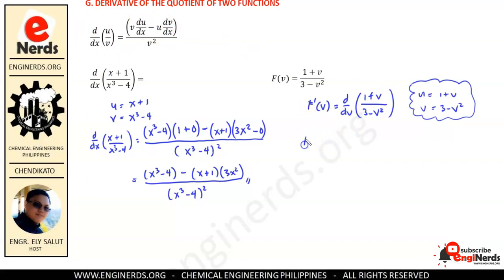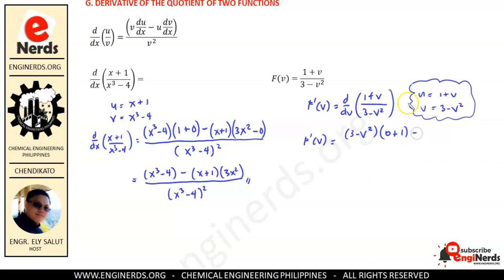We have f prime of v is equal to, ang ating denominator, no, kopyahin muna natin, 3 minus v squared. Then, take the derivative of our numerator, 1 plus v. So, derivative of 1 is equal to 0. Plus, the derivative of v with respect to v is equal to 1.